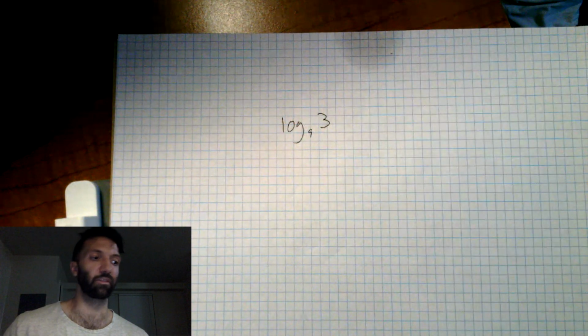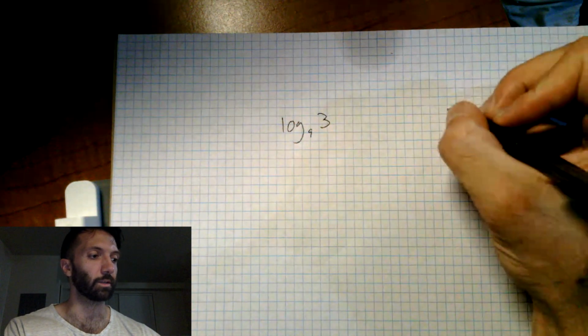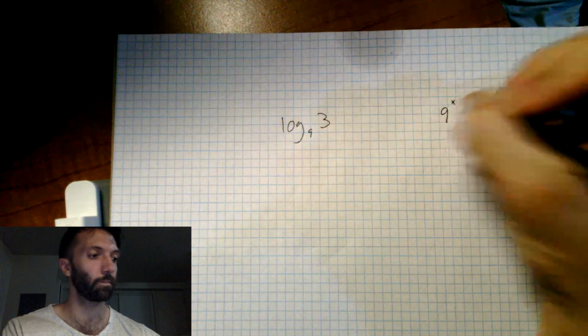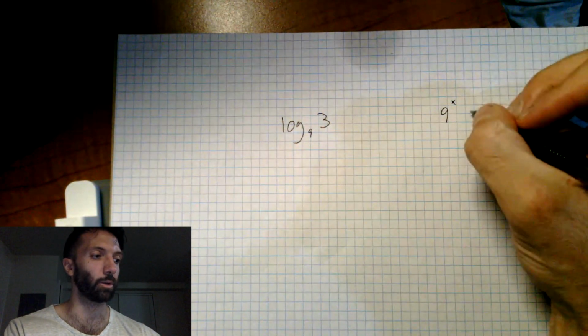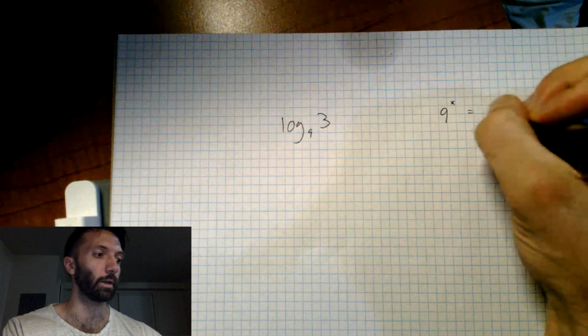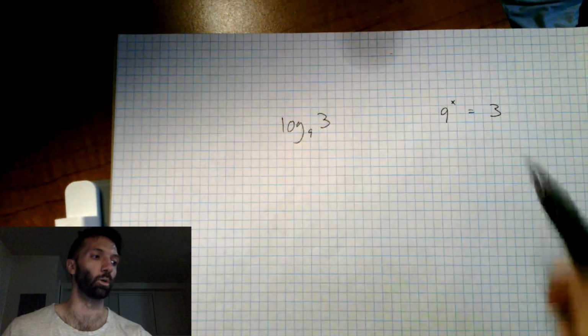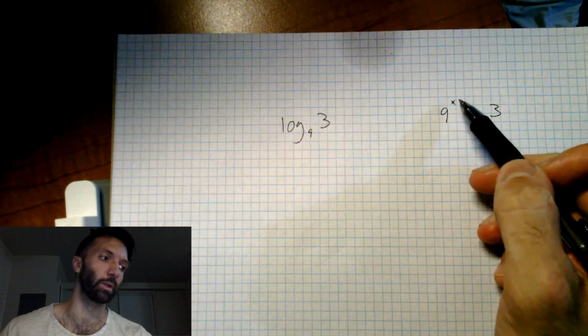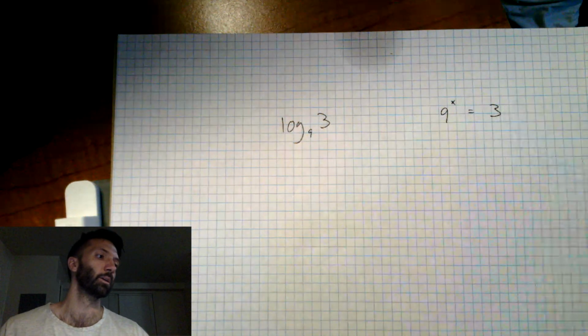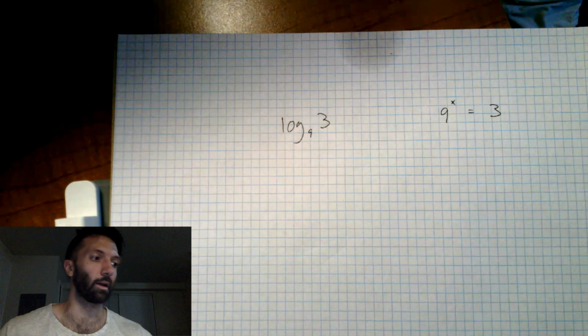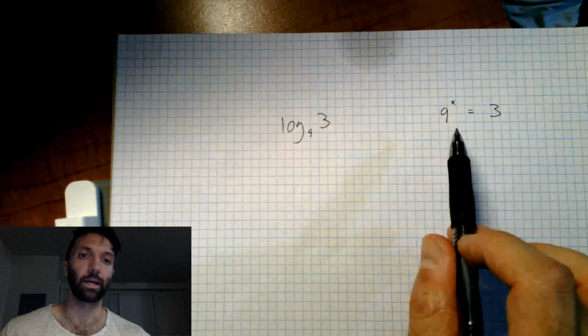Log base 9 of 3. So the base is 9. Now I want to know what exponent you would raise 9 to in order to get 3. Here we're raising 9 to an exponent and we're getting a smaller number. The key here is to see that 3 is the square root of 9.